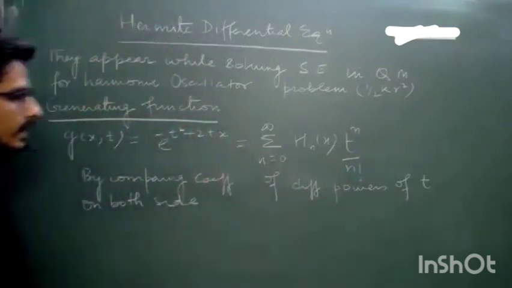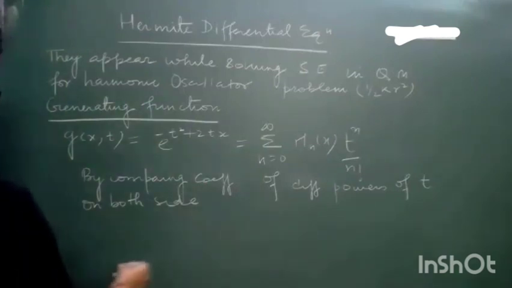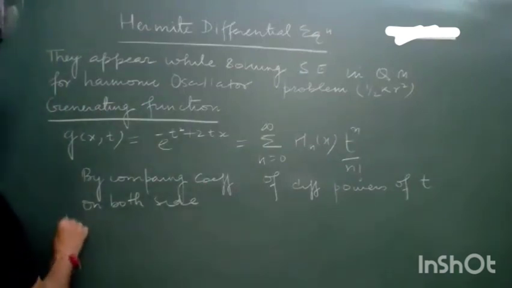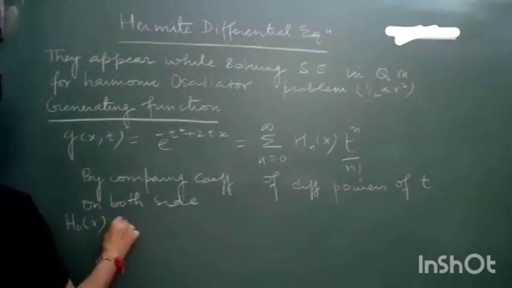You have to compare the t to the power n on both sides, and what you will get as a coefficient will be the Hermite polynomials. So the value of H0 of x will be equal to 1.